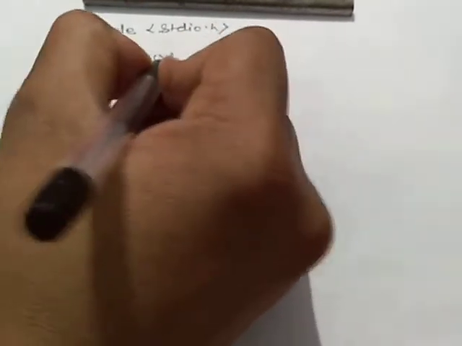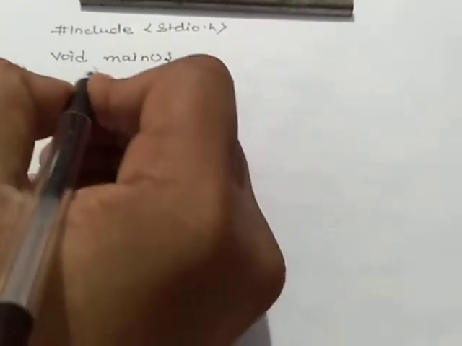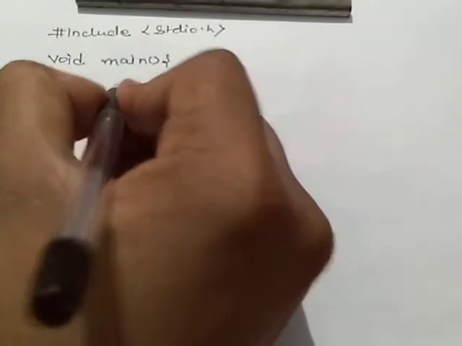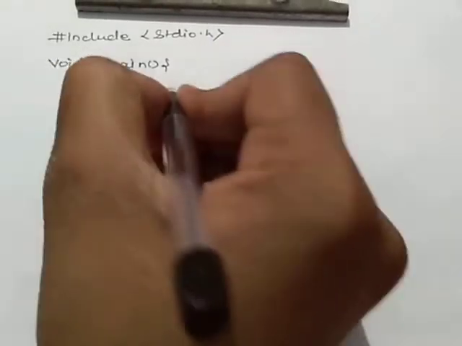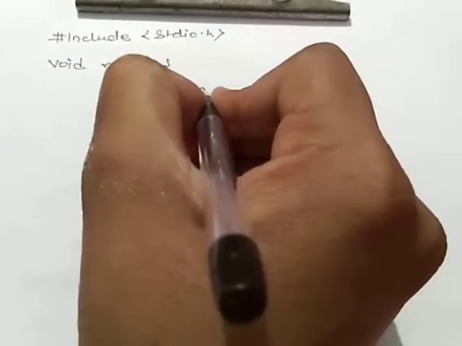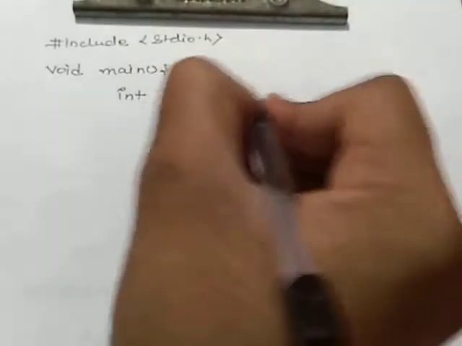First of all, include a file, that is the standard input output header file. After that, create a main function. Inside the main function, take two variables, one is num and i, which is initialized to 1.